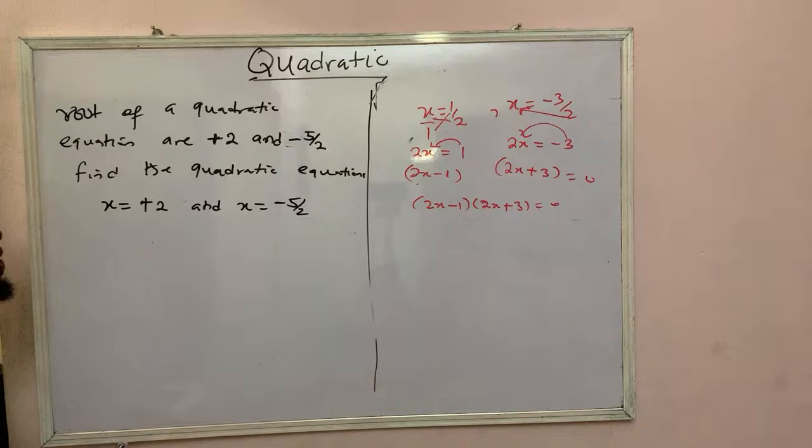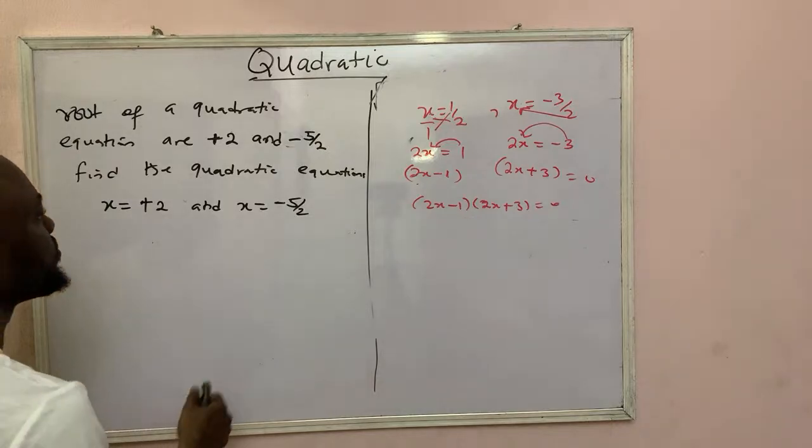Let's presume that the question says: find the quadratic function in the form ax squared plus bx minus c equals 0.